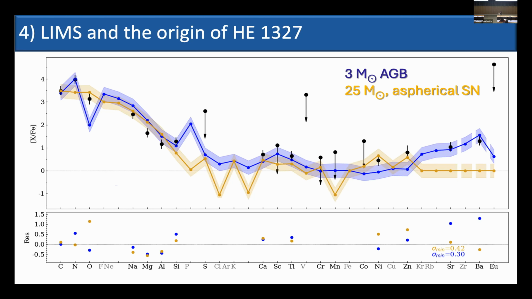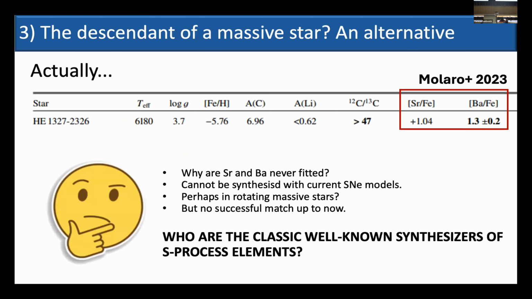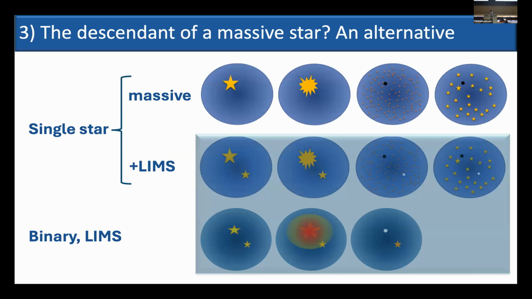If we think in terms of scenarios, if we're thinking of a binary scenario, we would think of a pretty advanced AGB star. However, the duration of the evolution is related to the wind recipes, which was also mentioned in the questions before.